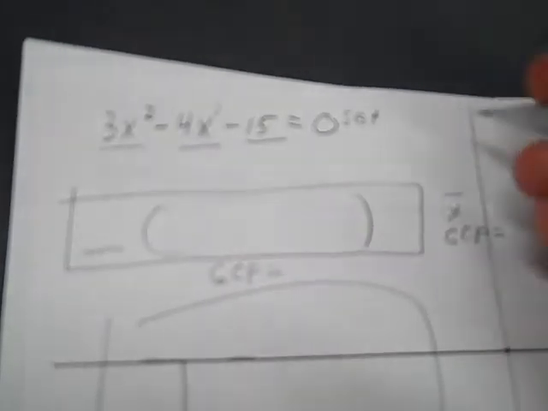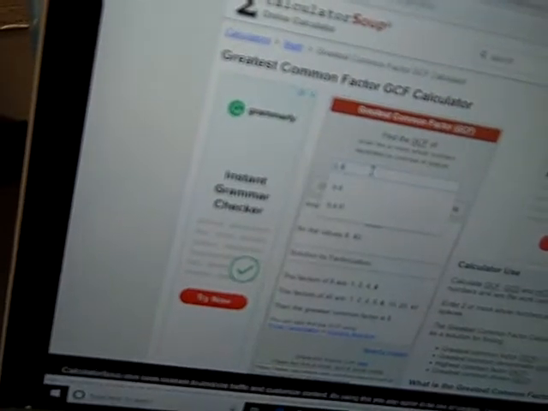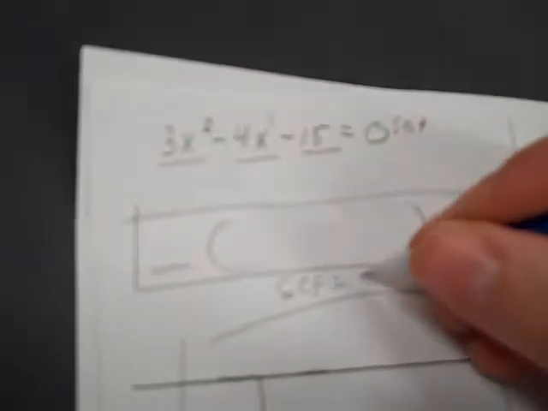Negative, that number in front's positive. X, you got second, first, and nothing. Then 3, 4, and 15 on the GCF calculator. Give me a GCF of 1, okay? So I don't need to do that if it's just a positive 1.